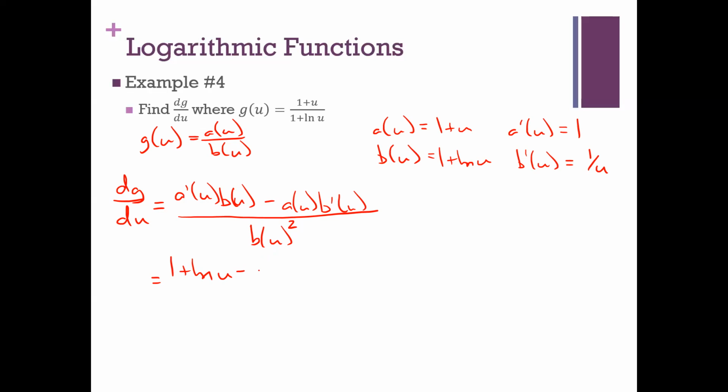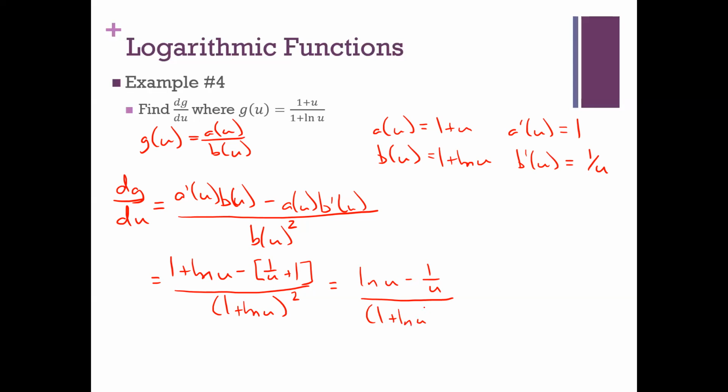Yeah. All over 1 plus natural log of u squared. Do I get anything that simplifies? Sort of. Natural log of u minus 1 over u, all over 1 plus natural log of u squared.